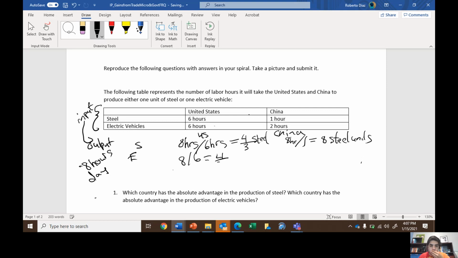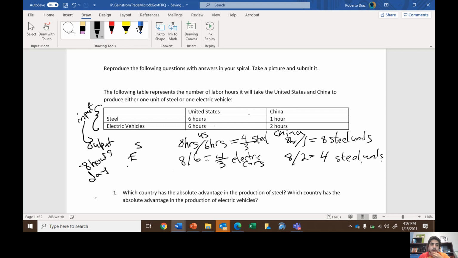We know it should be the same, 4/3 electric cars, and then 8 divided by 2 for steel units.